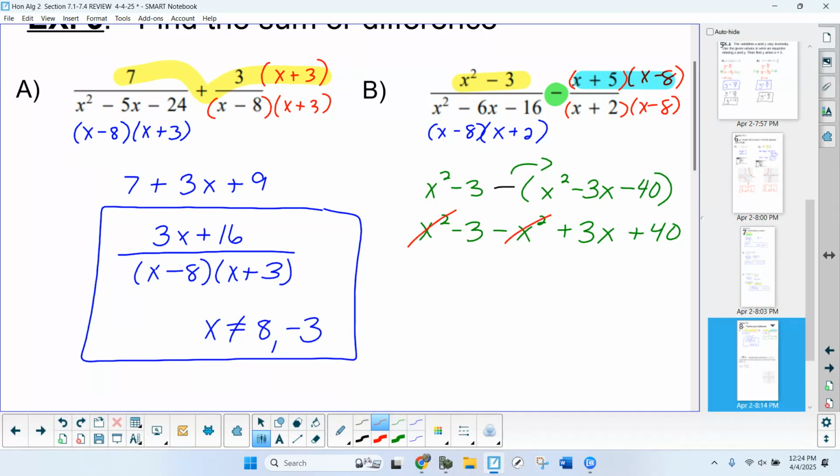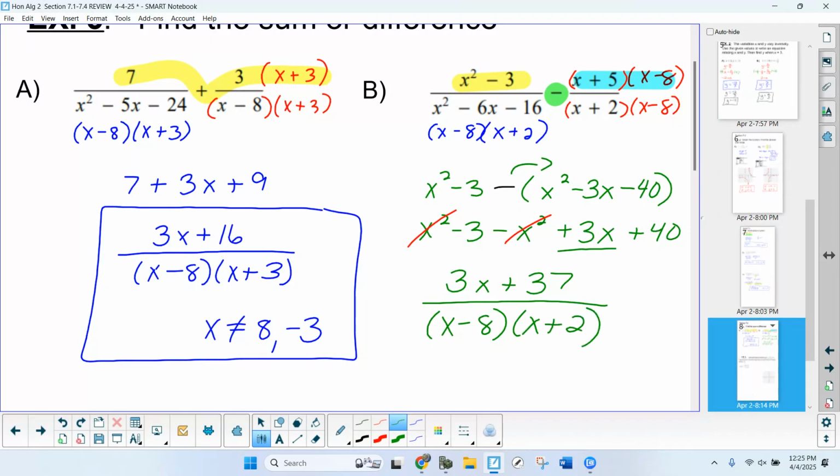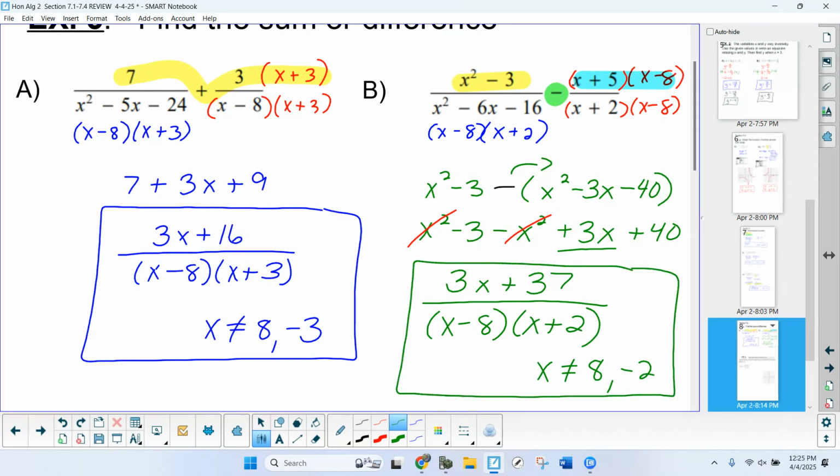The x squareds cancel, so I'm left with just what? 3x plus over my common denominator. Because remember, add your numerators, put it over your common denominator. Common denominator, x minus 8, x plus 2. Is anything going to cancel? What's x not allowed to be? Done.